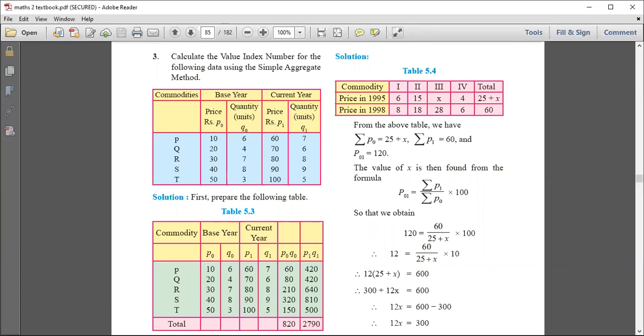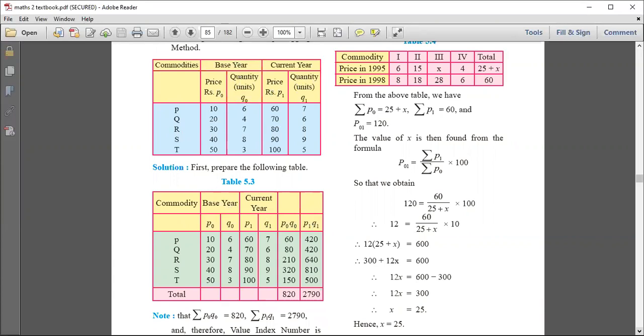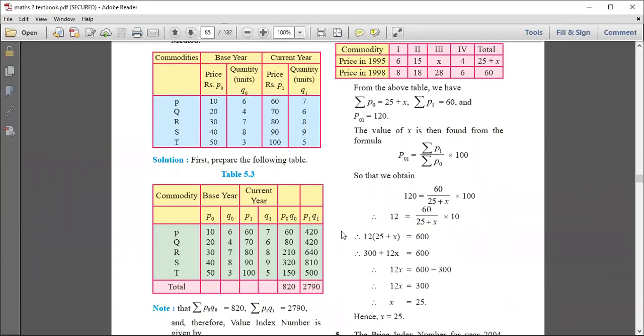So this is a version a little higher than yesterday. We'll prepare 2 more columns, namely P0 Q0, that is P0 into Q0, multiply the base year price and the base year quantity. In the same way, current year P1 Q1, you multiply P1 into Q1.